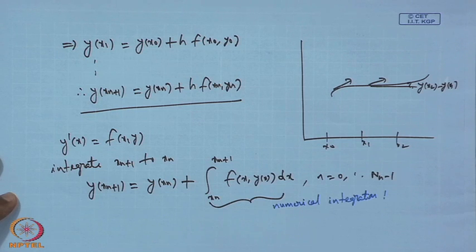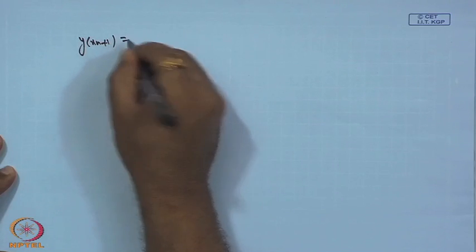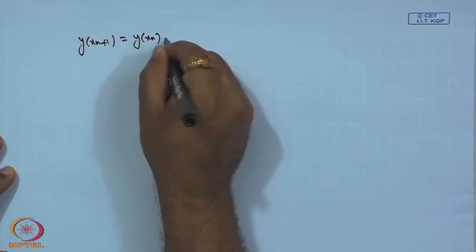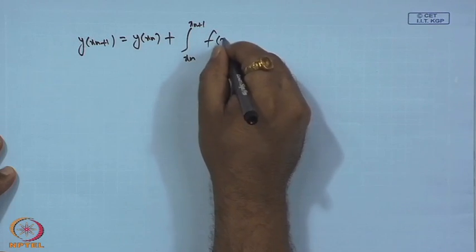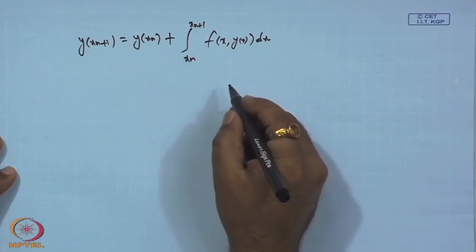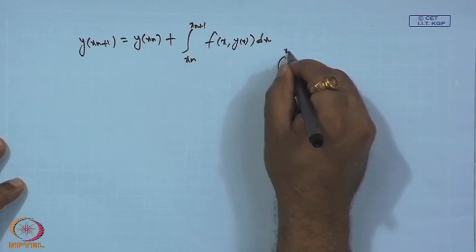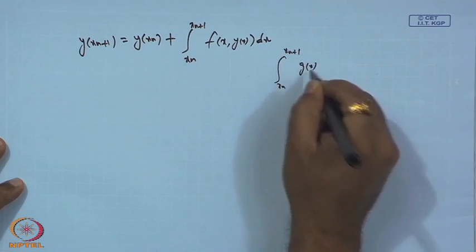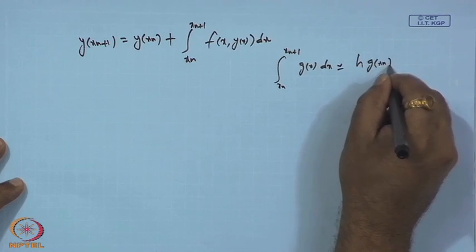So, suppose the simple situation is, say, we go for g approximated by h times.